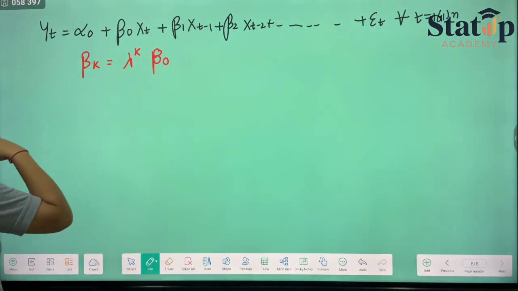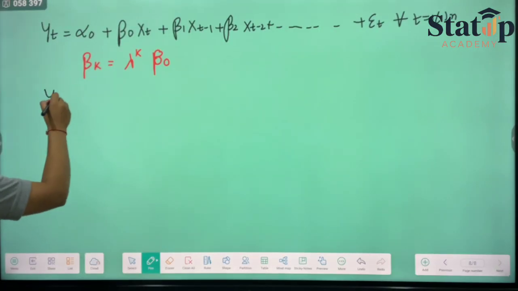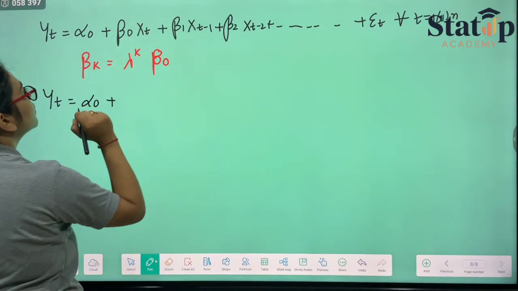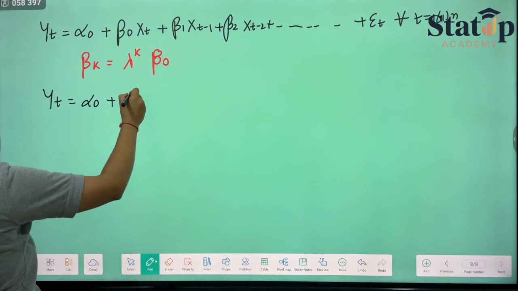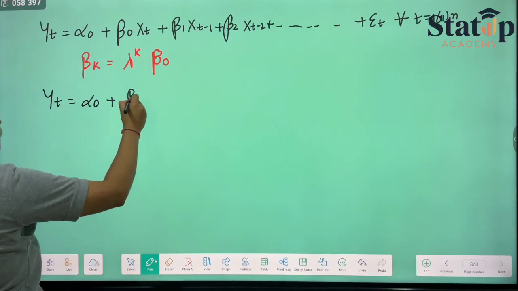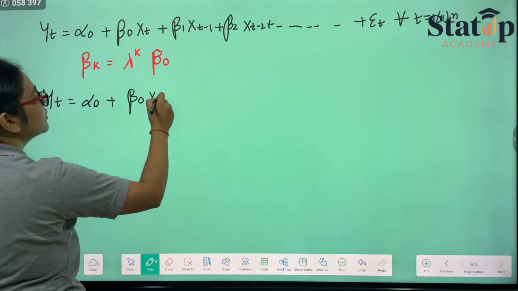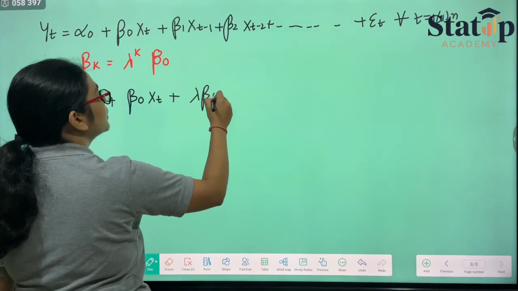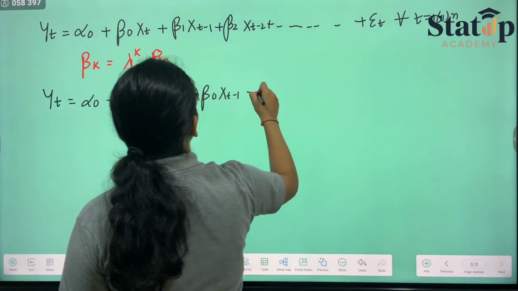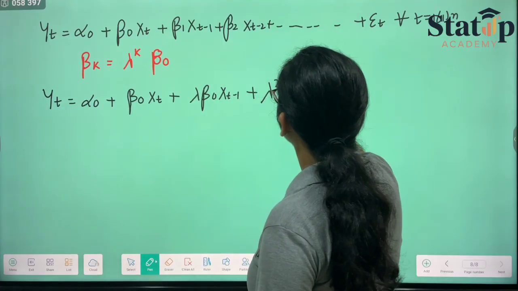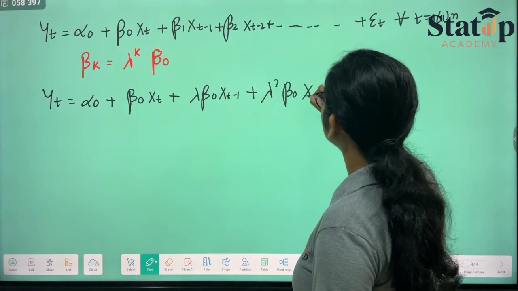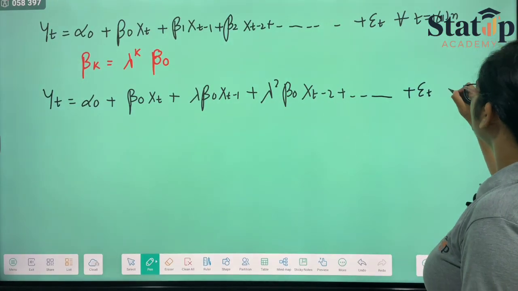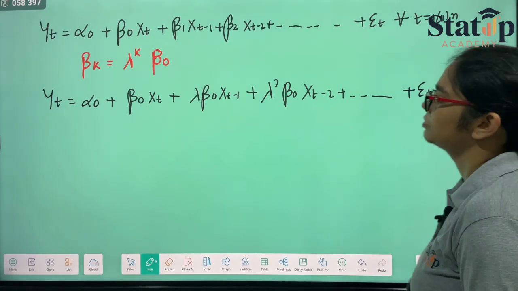So substituting, we get yt is equal to alpha naught plus beta naught xt plus lambda beta naught xt minus 1 plus lambda square beta naught xt minus 2 and so on, plus epsilon t. Let this be equation number 1.